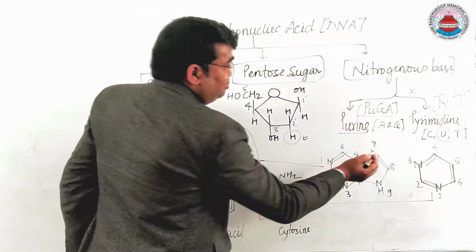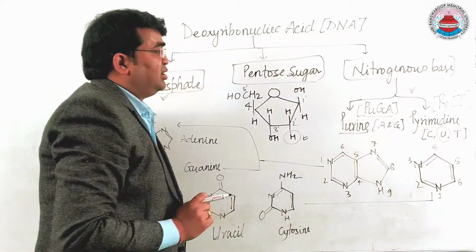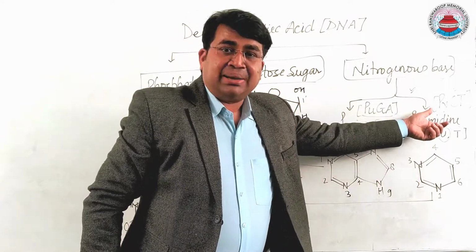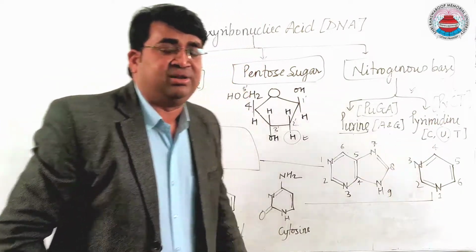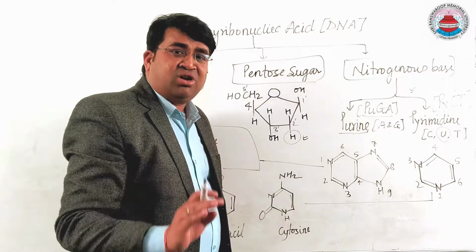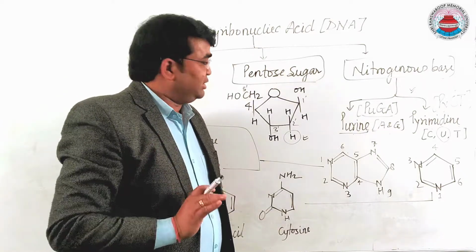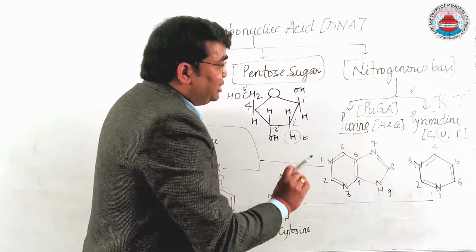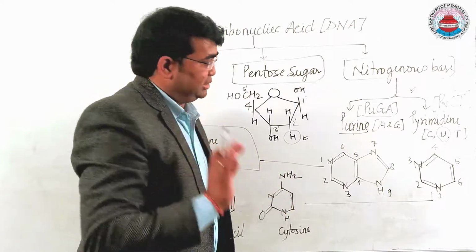Now coming to the pyrimidine bases. The pyrimidine bases are cytosine, thymine, and uracil. Now uracil is not present in the DNA. Uracil is present in the RNA, so we will not be talking about uracil.